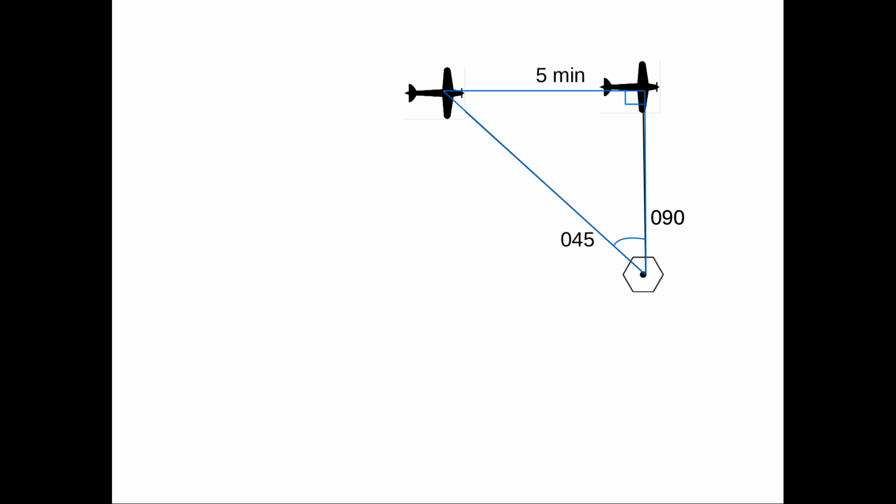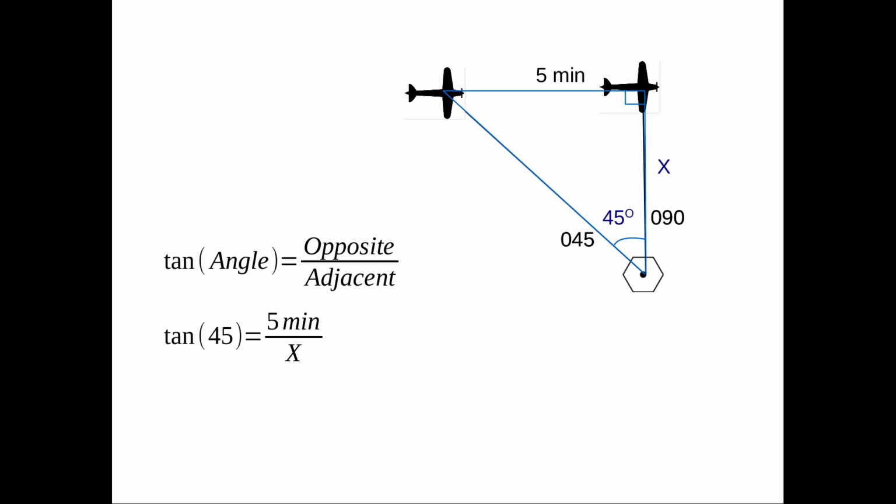So we overlay the triangle and solve for our, well, we already have our angle, so we solve for our side that is adjacent to the angle. That's our distance to the nav aid. And we have everything we need. So we've got our angle, we've got our side opposite the angle, and we're looking for our side that's adjacent to the angle. So those three things are what make up the tangent function.